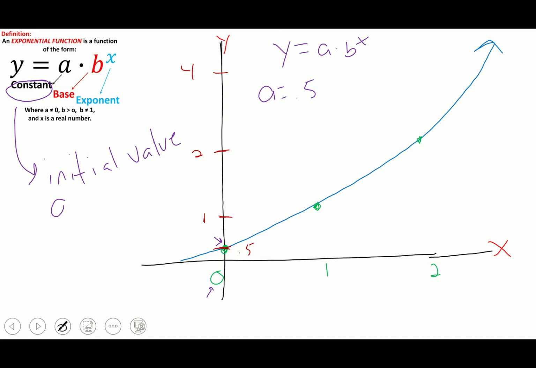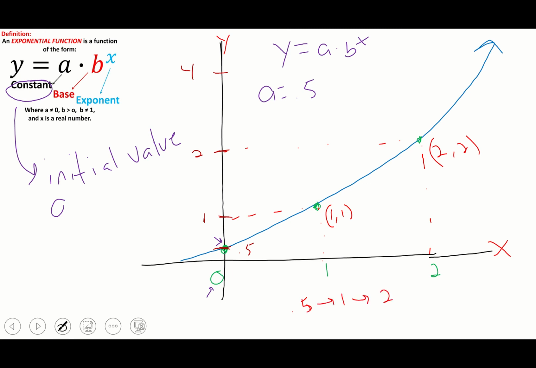So we have this point right here. This is 1, comma 1. We have this point right here, which is 2, comma 2. So if you notice, we go from 0.5 on the y-axis to 1 to 2.